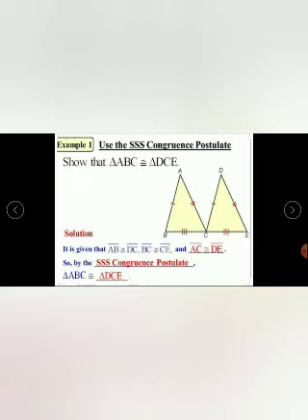Isn't it? That means the three sides of this triangle are equal to the three sides of this triangle. So, by SSS congruence condition, we can say these two triangles are congruent.